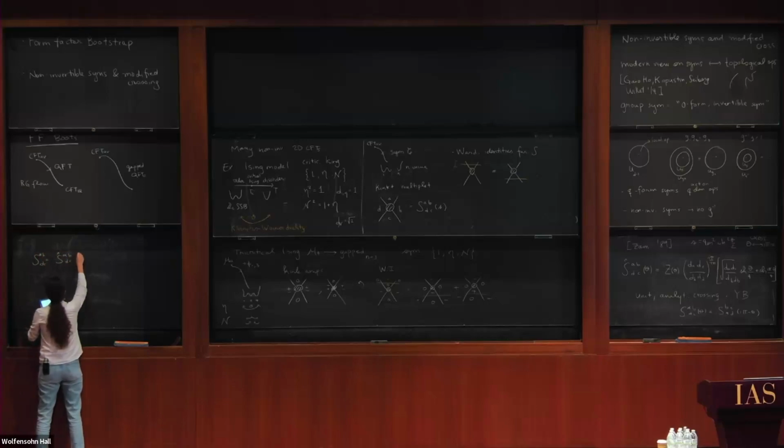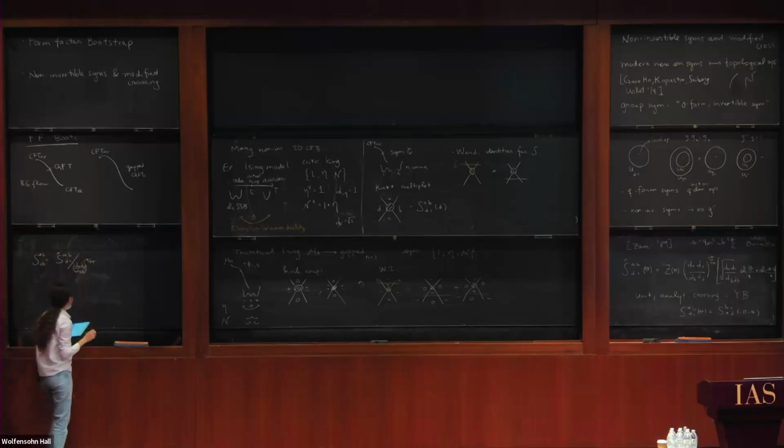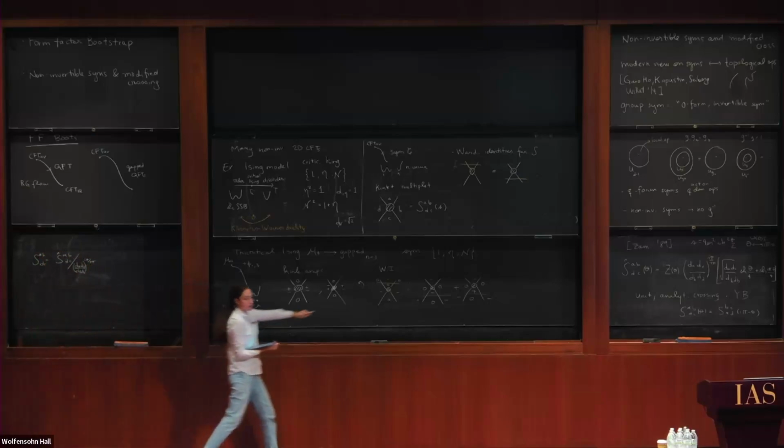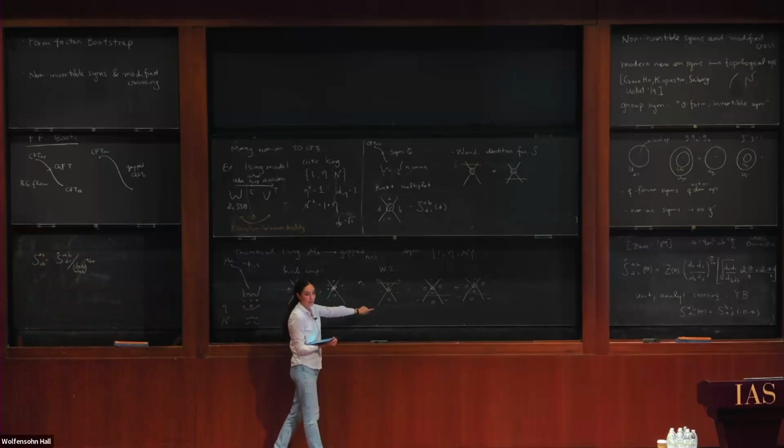I'm going to say the Zamolodchikov S-matrix, where you remove this overall factor, the e to the i theta over 2 pi. So that you can check it.